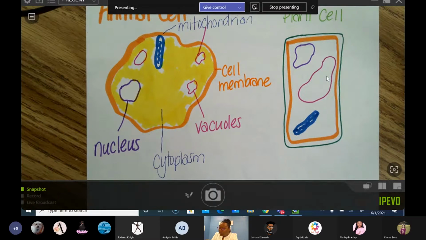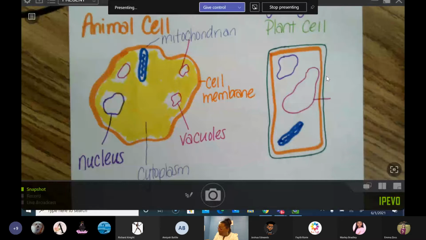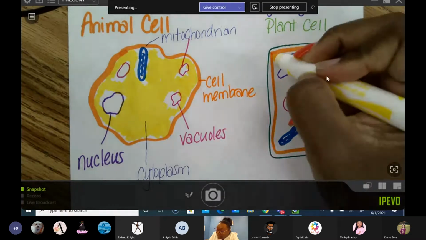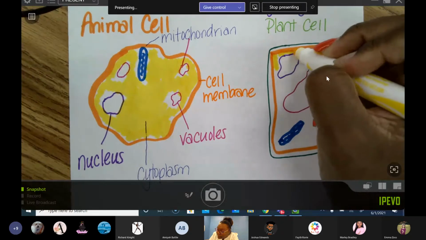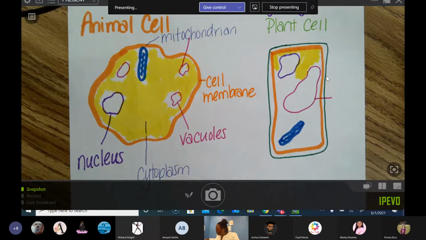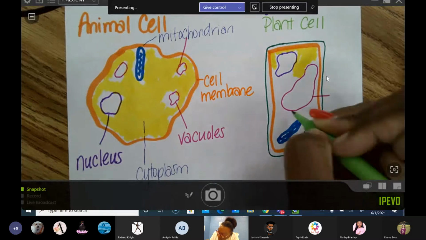So let's go ahead and label these. And then we'll color in, well, actually, I want to color it first. And the plant cell will also have cytoplasm. Oh, how could I forget a very important structure inside the plant cell? Chloroplasts. We're going to find chloroplasts inside of the plant cell.